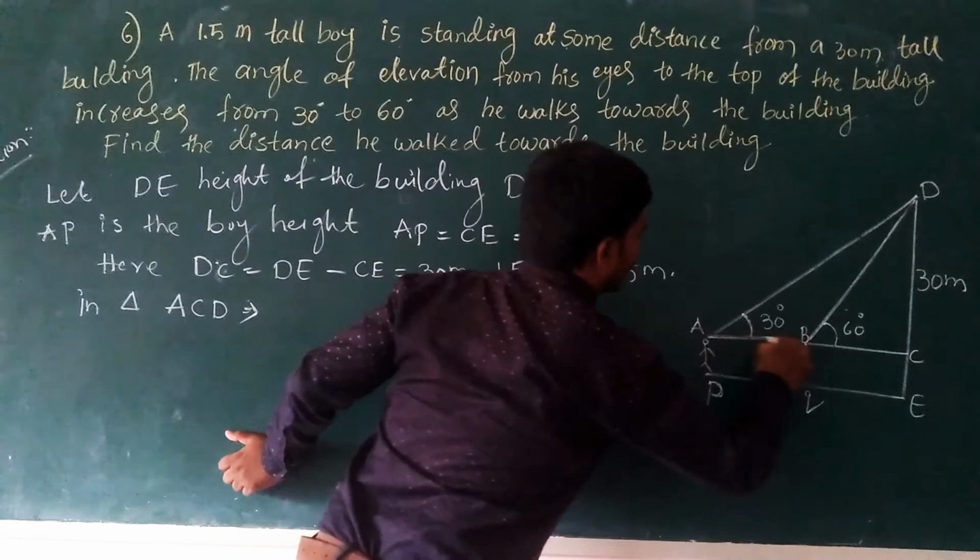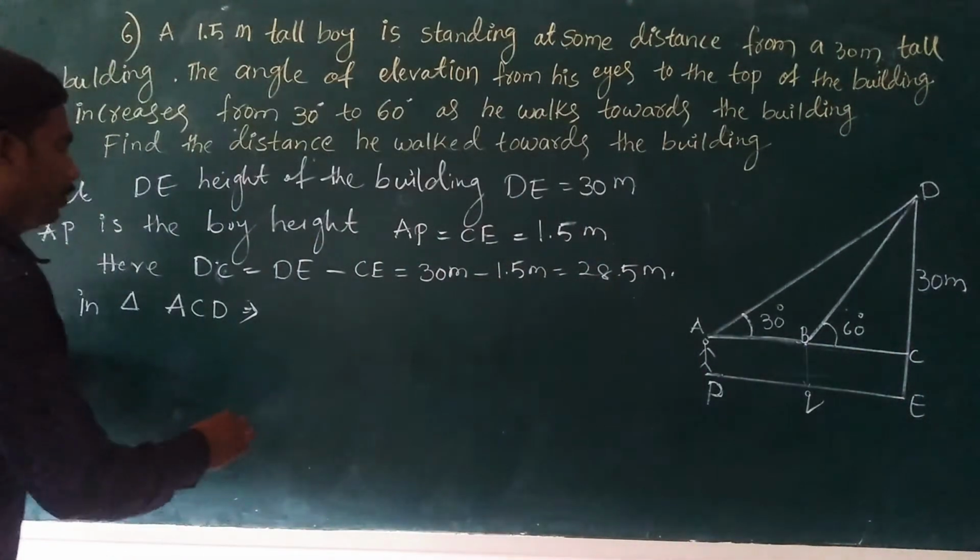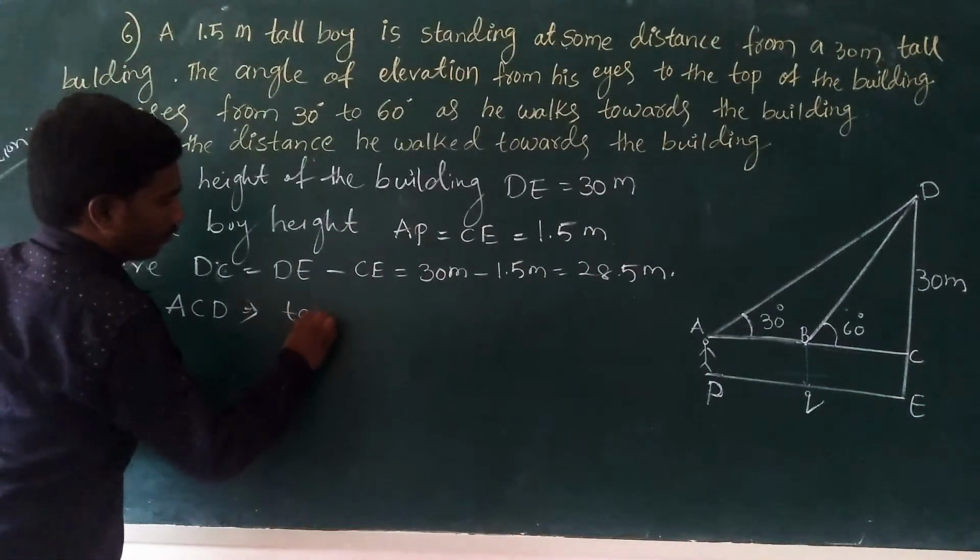We want to find the distance A to C, so for that we need to take tan.